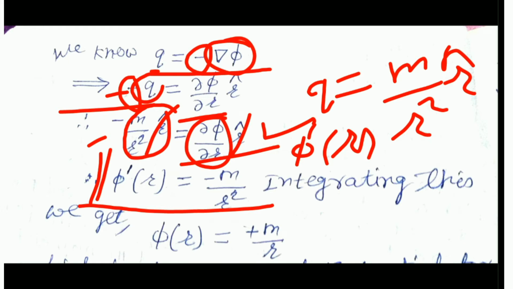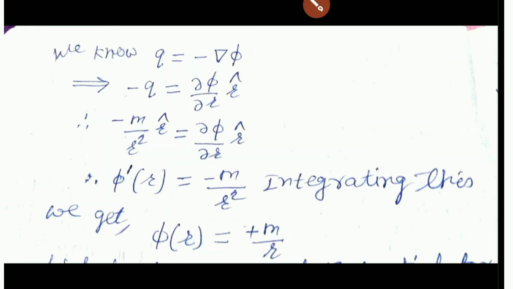After integrating, integration and differentiation will cancel. We get phi of r is equal to plus m upon r, which is the required potential for the simple source.